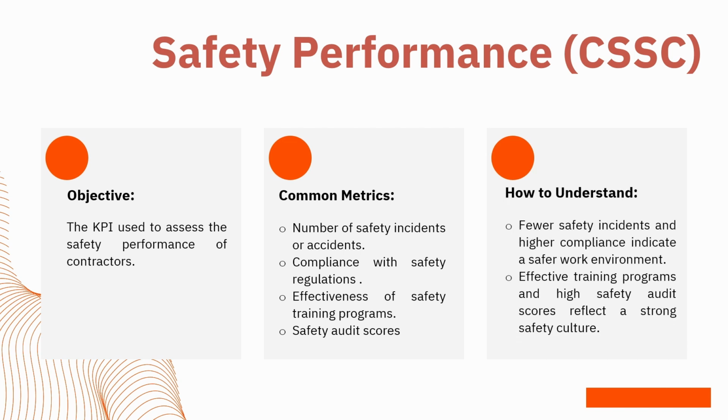These metrics can give us critical insights and effectively ensure safety during operations. For instance, fewer safety incidents and higher compliance indicate a safer work environment. Effective training programs and high safety audit scores reflect a strong safety culture.